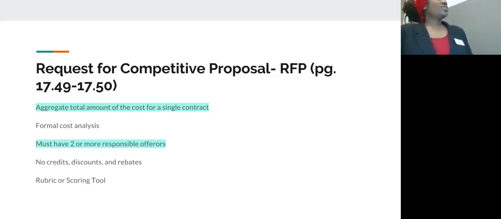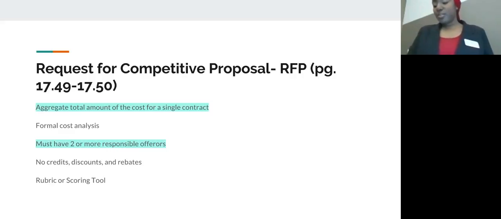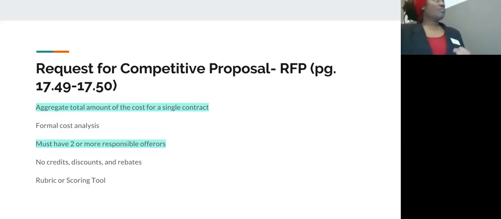Nevertheless, make sure that you have an aggregate total amount of the cost for a single contract or a single renewed contract. Formal cost analysis or price comparisons, making sure once again you're following what is in your written procurement procedures. Same thing as the IFBs, you must have 2 or more responsible offerors, as well as in a firm fixed contract, there are once again no credits, discounts, or rebates.